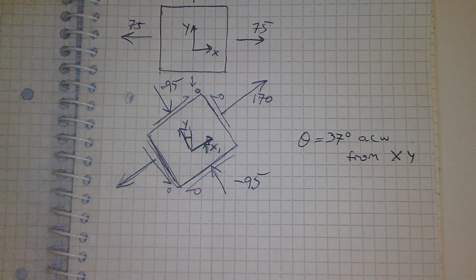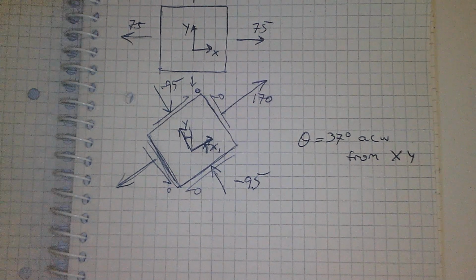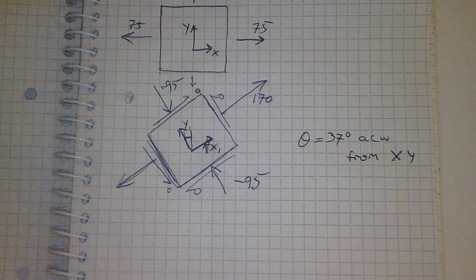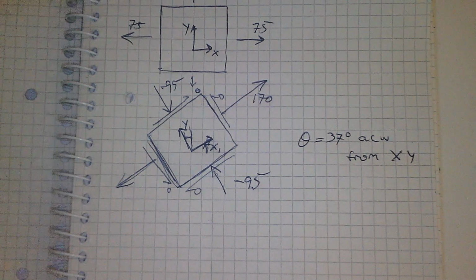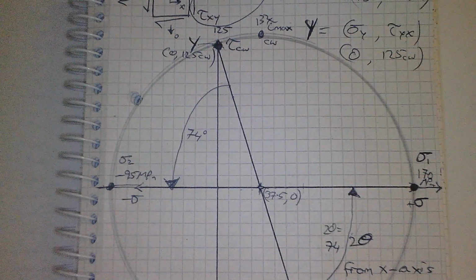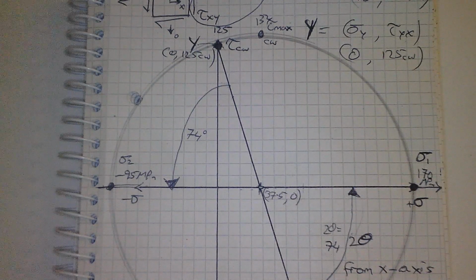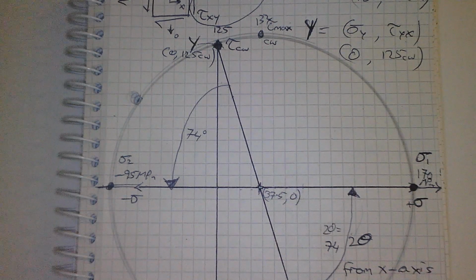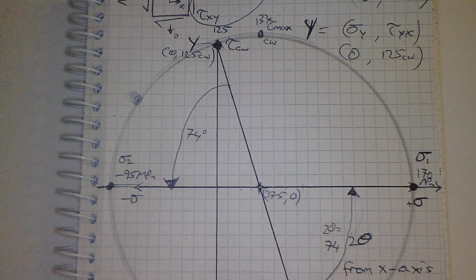Do you have a question? Is that to do with the fact that the circle's center point is on the horizontal axis? Yeah, well, graphically, yes. It's to do with the stress transformation equations, really, I suppose. The circle is just a graphical representation of those equations.